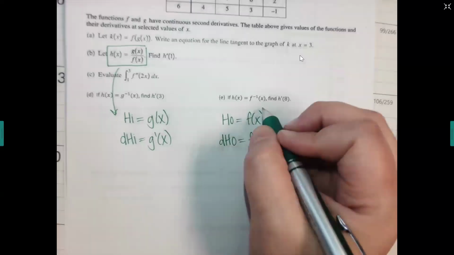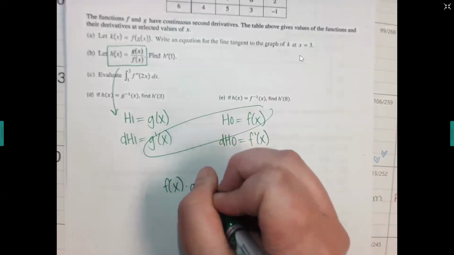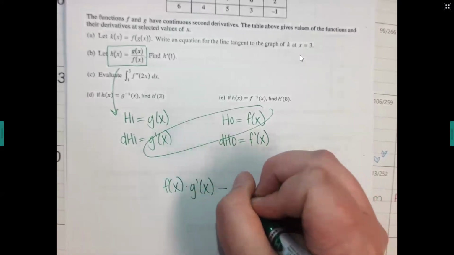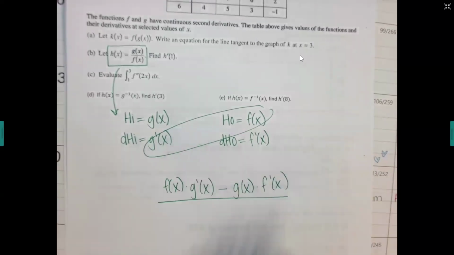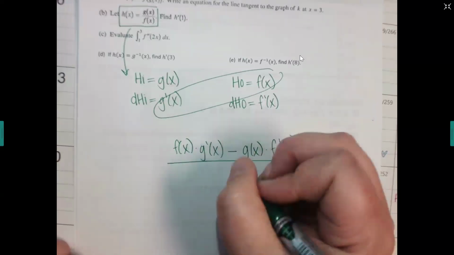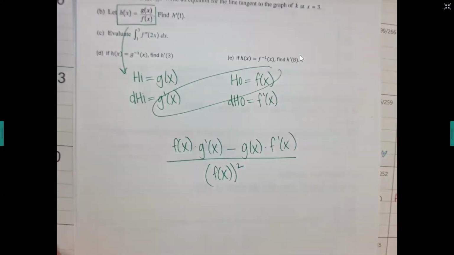So it's going to be F G prime minus G F prime. And then ho squared would be F of X squared.